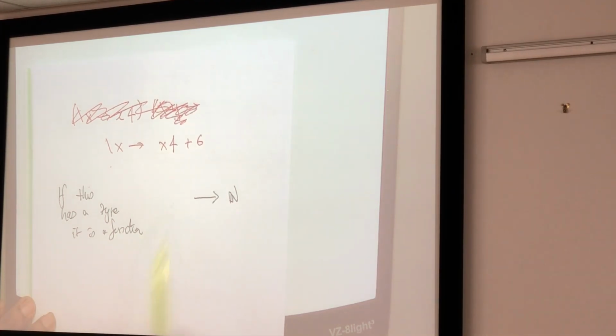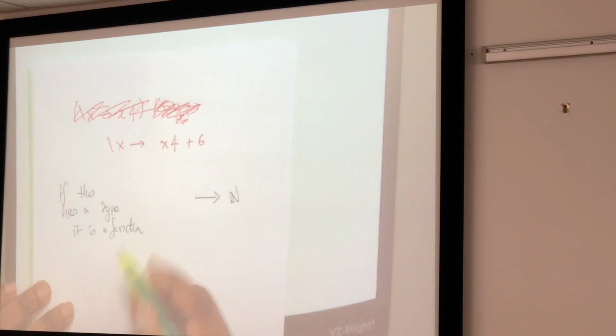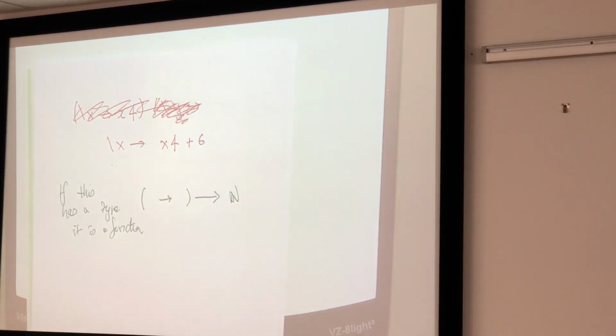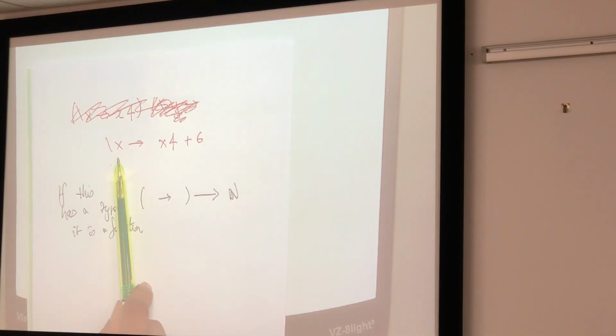So now let's look at the input type. The input is whatever the type of x is. X is the input. And what do we know? The only other thing we know about x is it gets applied to 4. So the input must be a function, because it's being applied to 4. So if this is going to have a type, it must look like this. So this is the type of x.